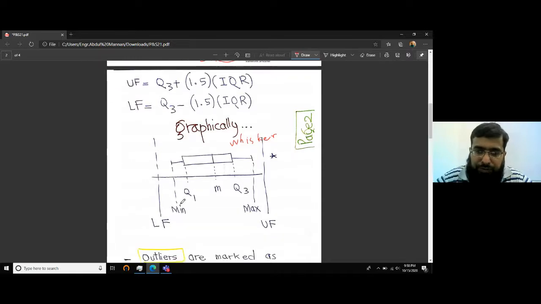And of course, the lower fence and upper fence are computed using these two formulas. So this is the complete box plot, except the asterisk.